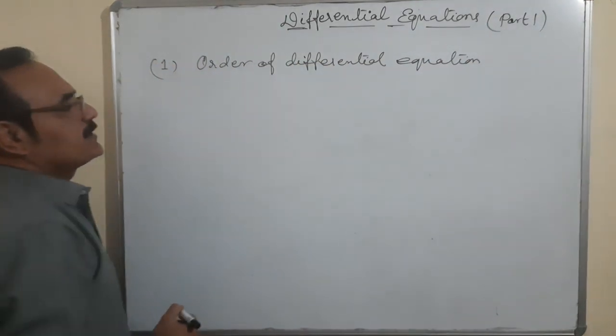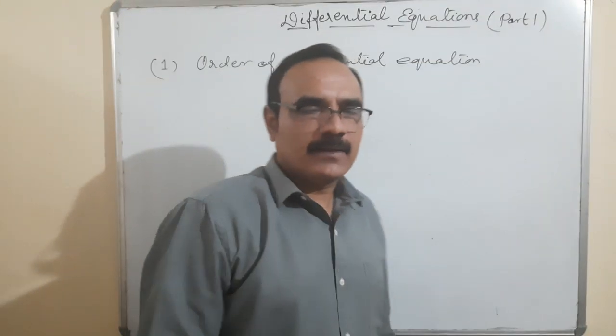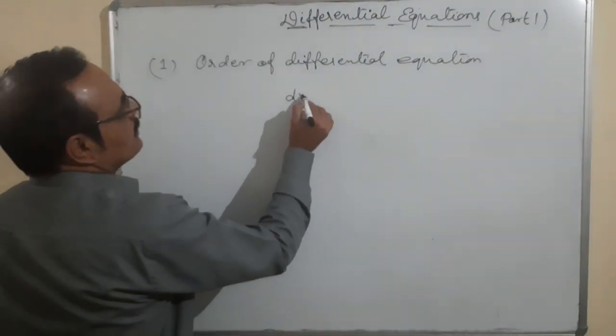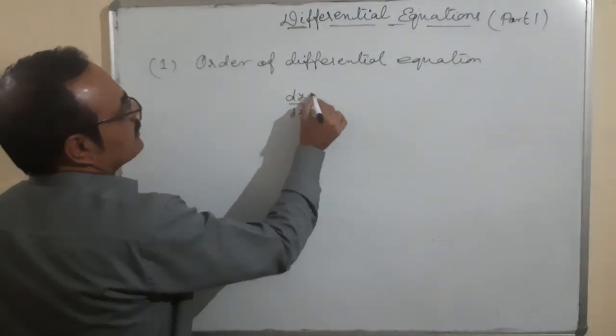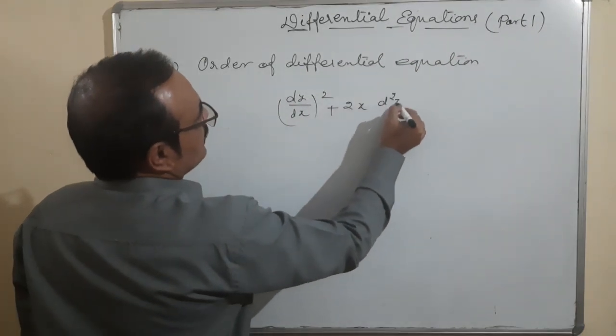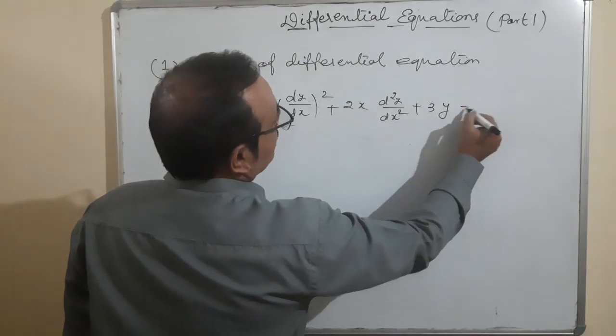First order, second order, third order, okay? Some examples: suppose it is (dy by dx) whole square plus 2x d square y by dx square plus 3y is equal to 0.